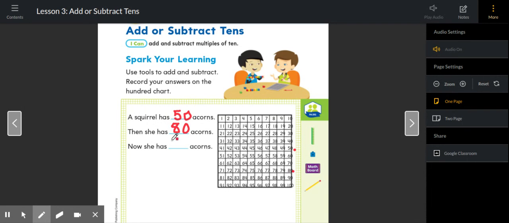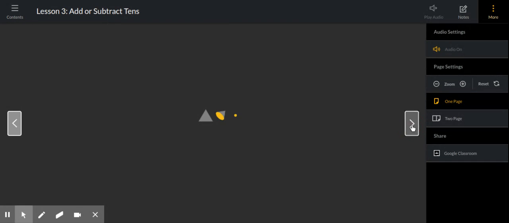So that would mean that she has 20 left in front of her. So the 20 that she has left in front of her plus the 60 that she buried should give me 80. And 20 plus 60 does equal 80. So that answer completely makes sense. Let's move on. For once, our Spark Your Learning, we all have the same answer.